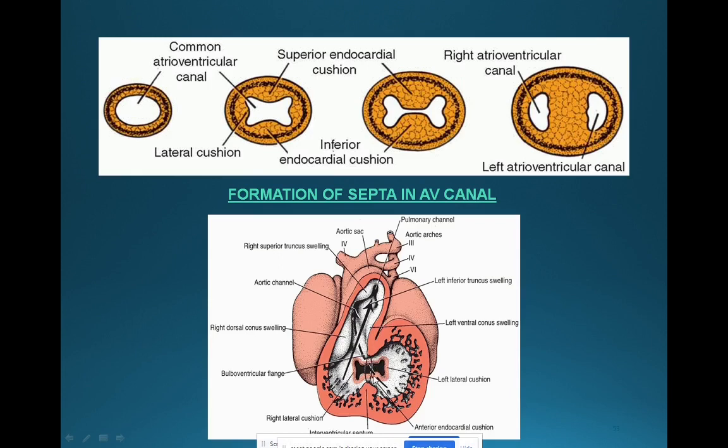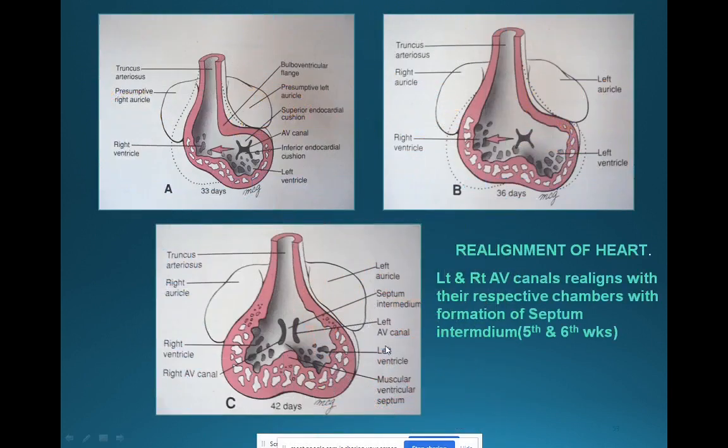This is one, this is another. The conus cordis has gone a little more to the medial side. This is the bulboventricular flange. It is going to the more medial side so that this will form the outflow of both the ventricles. So it has to come in the midline.